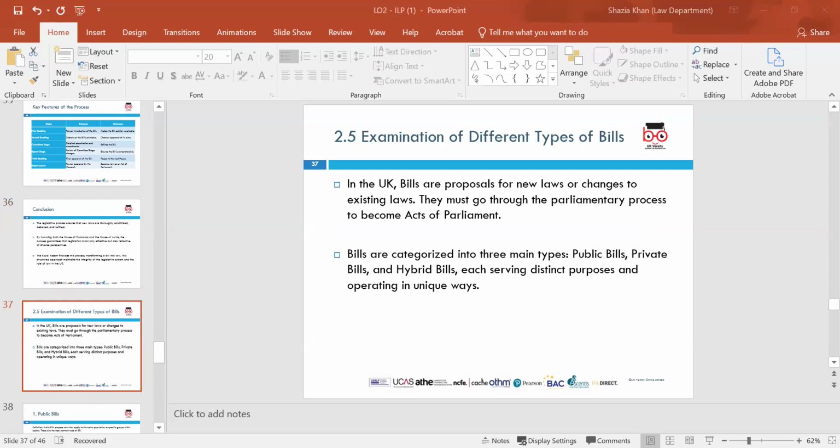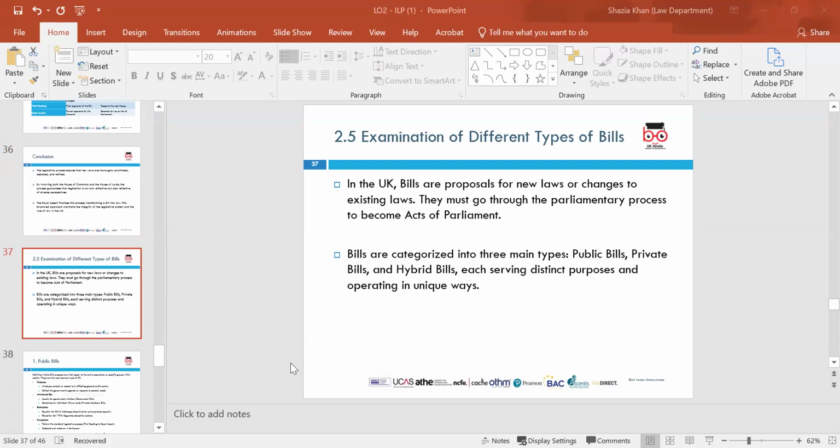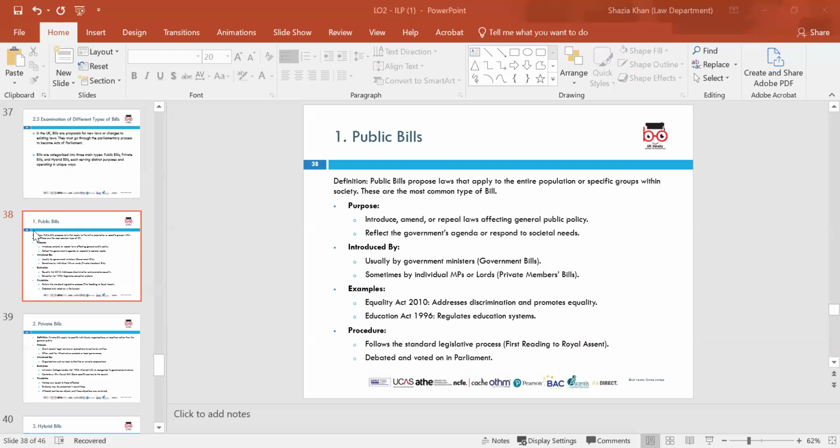So in the UK, there are different types of bills. Bills are categorised as public bills, private bills, and hybrid bills, and we'll go through each one. So the public bill is a government bill, and it's laws that apply to the entire population and specific groups within society.